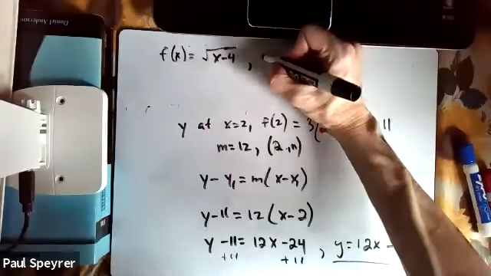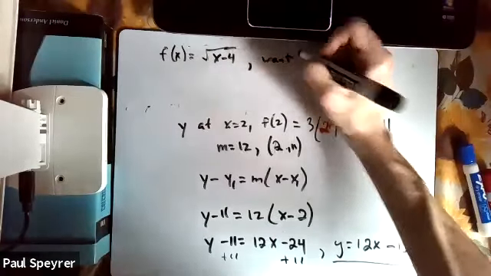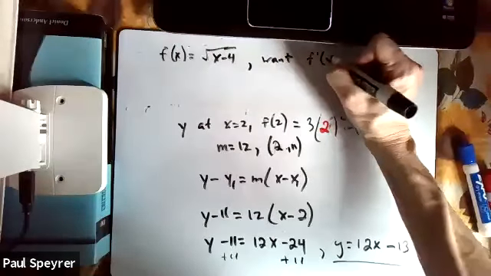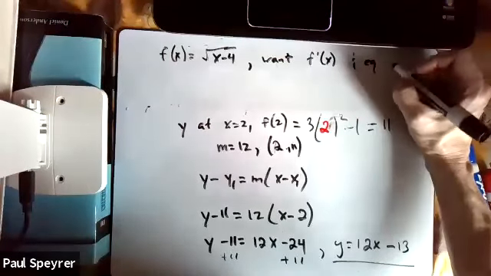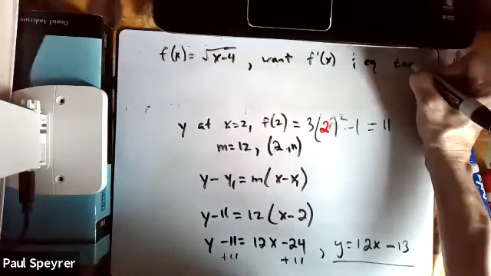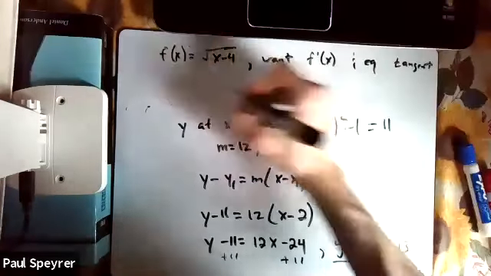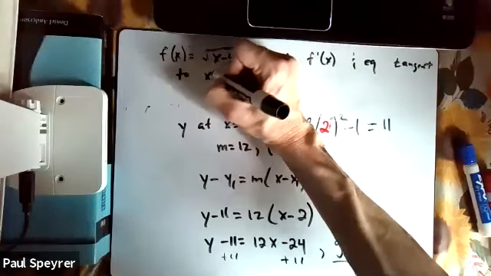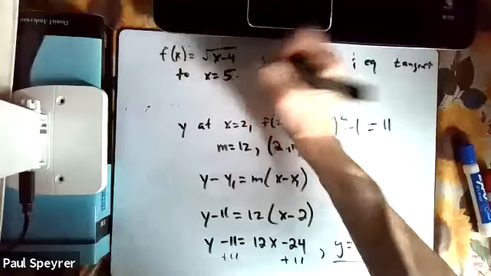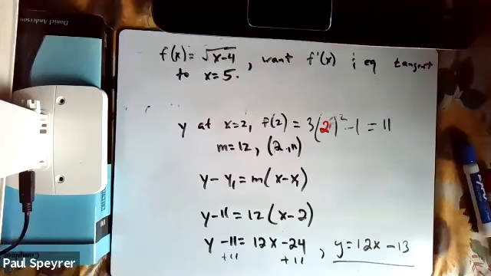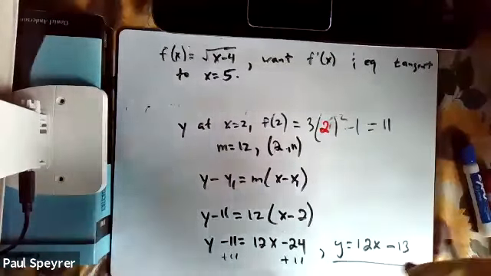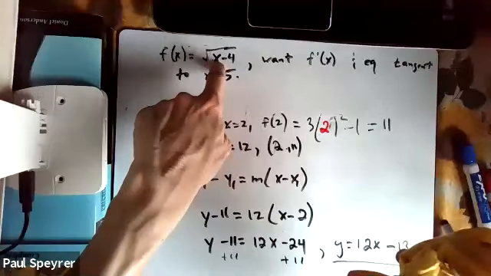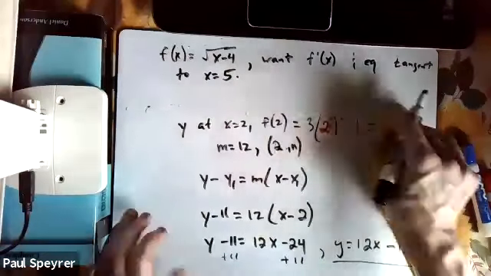And we want, of course, f prime of x and the equation tangent to x equals 5. All right. So it's the same exact steps that we did with this problem right here. It's just we're going to have to use a little bit of different algebra to somehow deal with this, right? Because it's in a root.